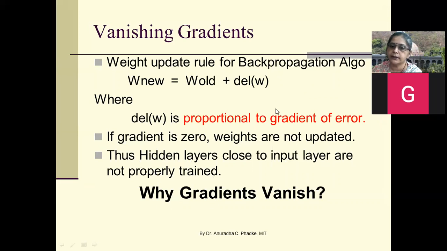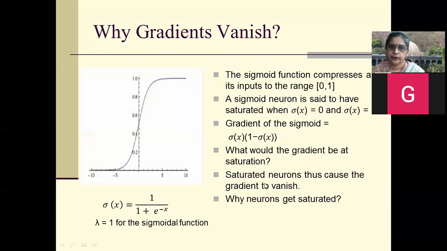So now let us see why the gradient vanishes. We know that this is your sigmoidal function. The sigmoidal function compresses all its inputs to a range between 0 and 1. A sigmoidal neuron is said to be saturated when sigma x is 0 or sigma x is 1. On one side, the sigma x value is 0 and on the other side it is 1. The gradient of the sigmoidal function is given by sigma x into 1 minus sigma x.